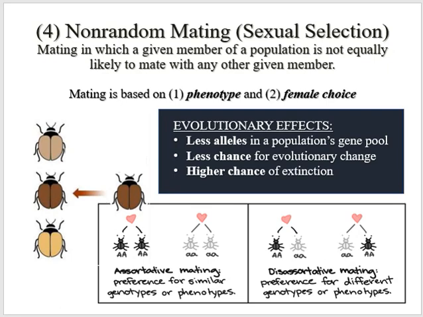Now, the most common case of your assortative mating involves inbreeding, right? So this is mating events or sexual reproduction between close relatives. Kind of the most extreme case of inbreeding is self-fertilization, which you see with plants.